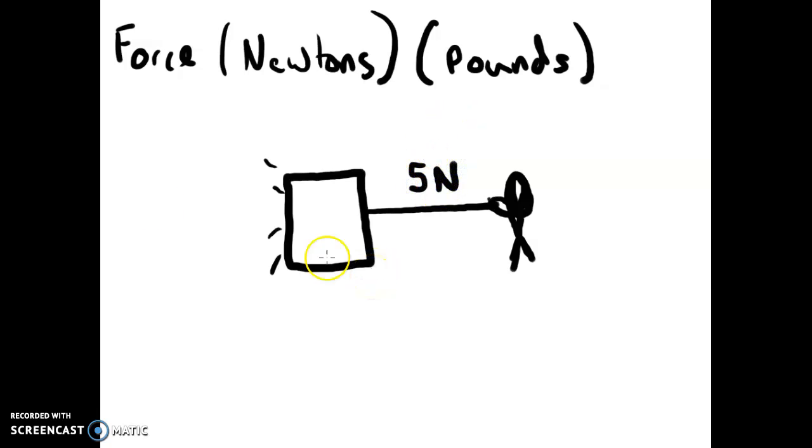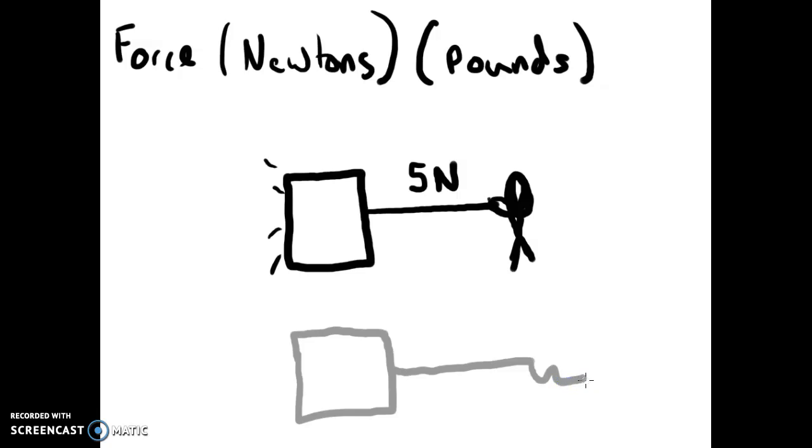But let's say my brother over here, who has an identical box, but wants to show me up, and is just a little bit, let's draw some muscles, just a little bit buffer than I am, pulls on this box with his muscles, like there, with a force of 50 newtons, right?